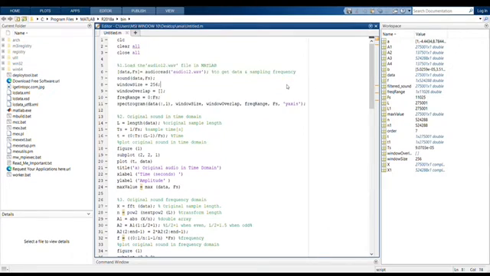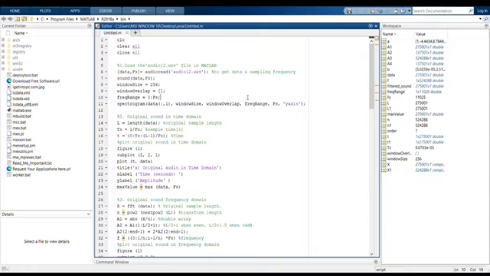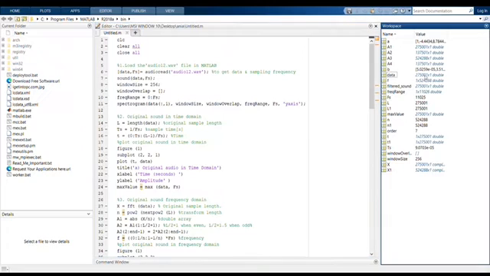That's the original audio, and here is the data of the spectrogram. I will explain it later. Before we look at the signal, here we get our data and our sampling time.